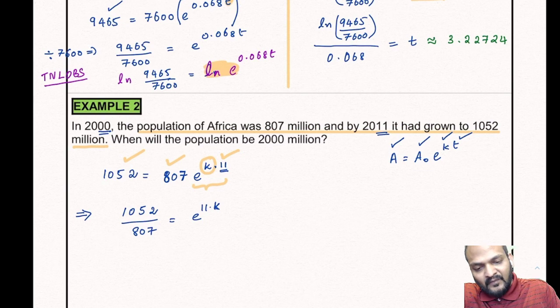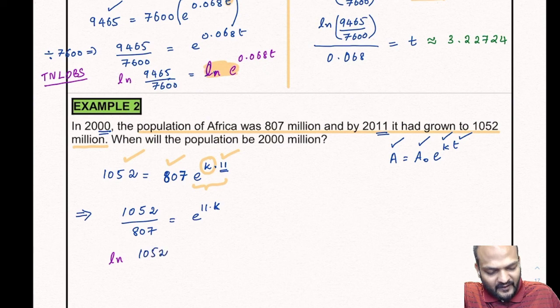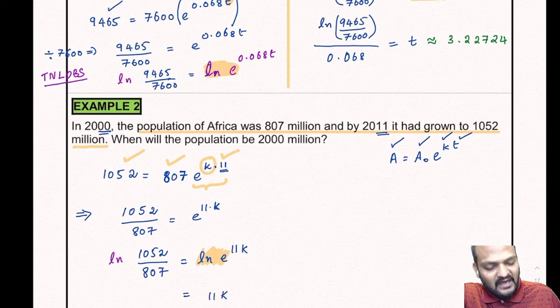When I do that, I am going to have ln of 1052 divided by 807 equals ln e to the 11 times k. And again, as I said earlier, the natural log and exponential functions are inverses of each other, so they'll get canceled out. So my right-hand side is going to be 11 times k, and the left-hand side is going to be ln of 1052 over 807.